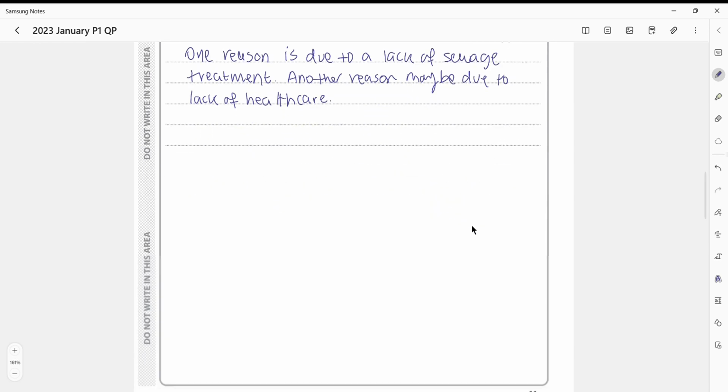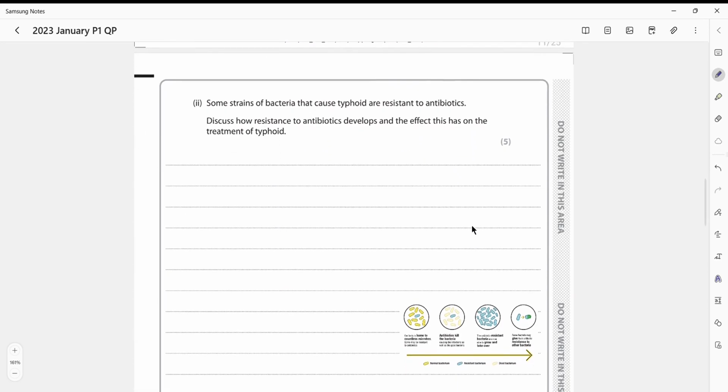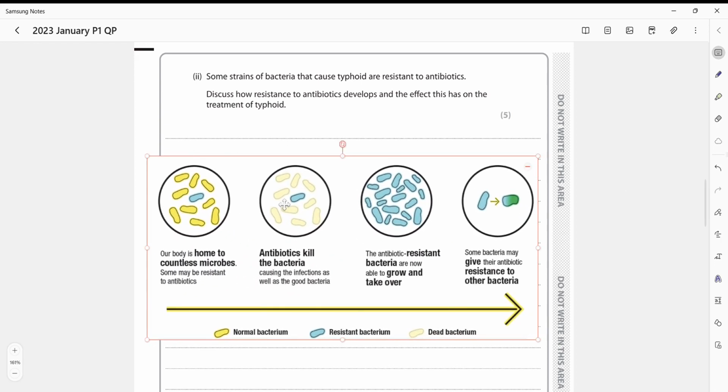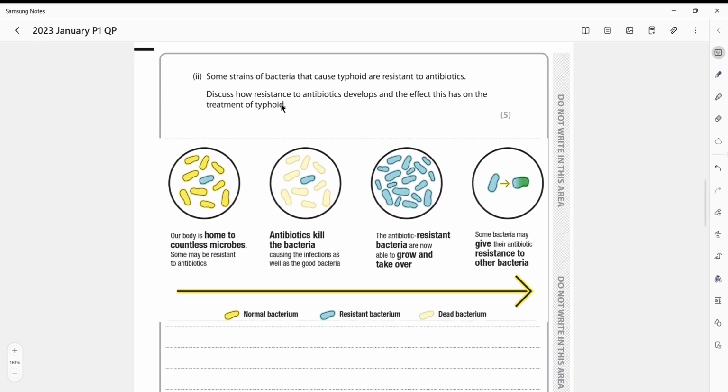Okay, let's move on to part 2. Some strains of bacteria that cause typhoid are resistant to antibiotics. Discuss how resistance to antibiotics develops and the effect this has on the treatment of typhoid. So let me just zoom into this picture here. Okay, so this question asks about antibiotic resistance.